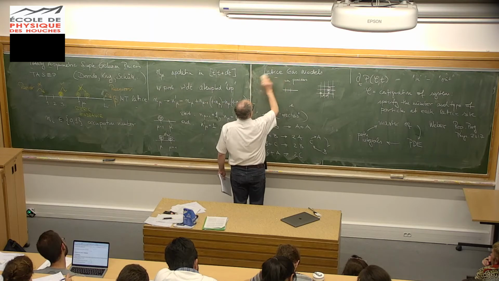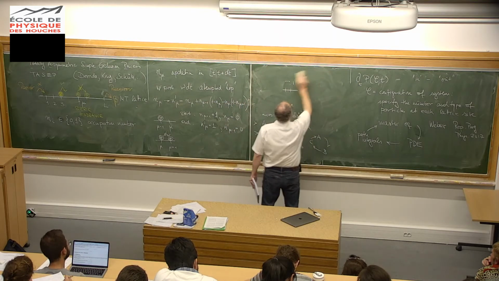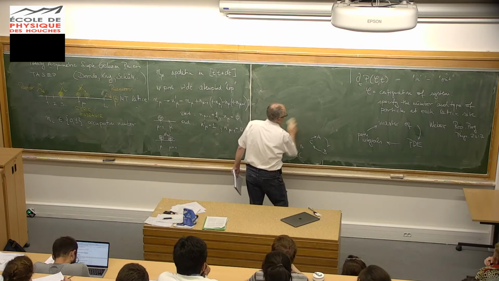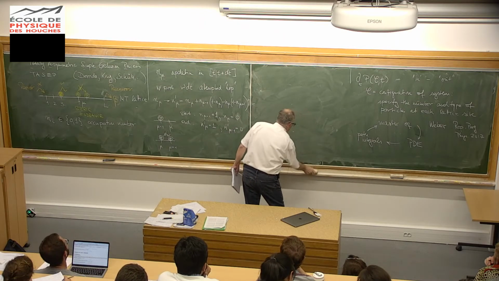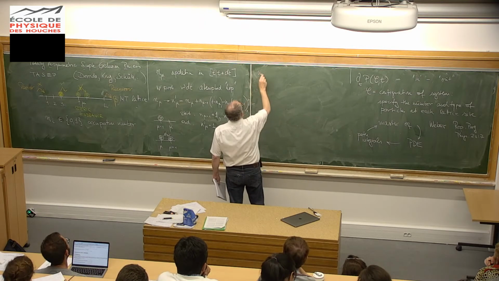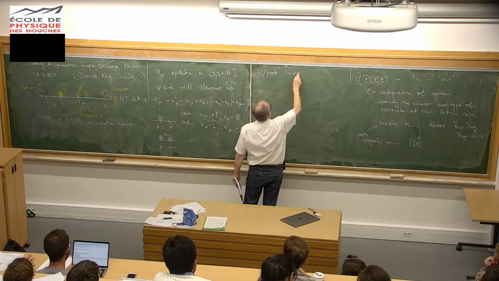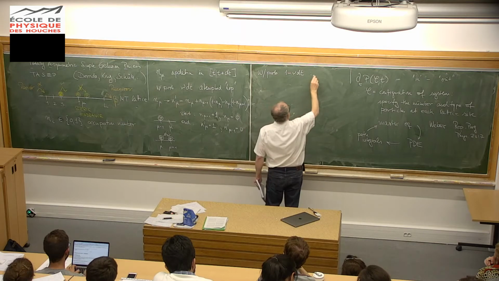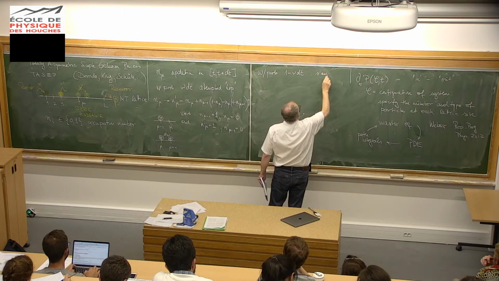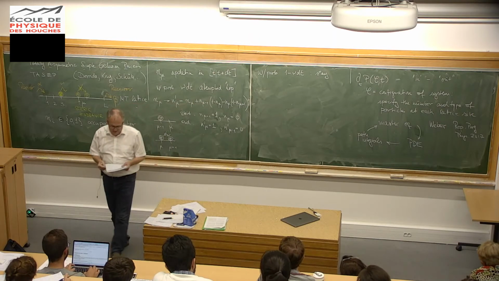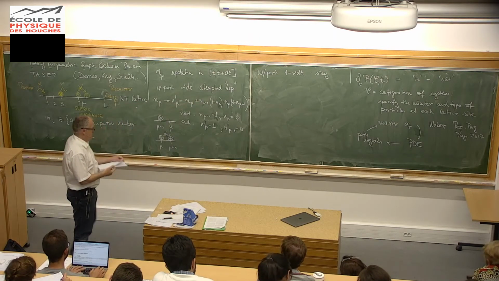The other process is that you don't attempt a hop. Well, then things are trivial, because if you don't attempt to hop, you just stay where you are. So with probability 1 minus nu dt, you just stay where you are, and n mu prime is identical to n mu.